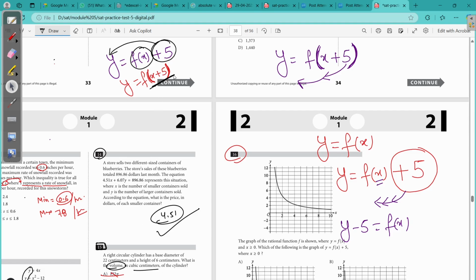But please see the second one. You cannot transfer this plus 5 to the other hand side because it is enclosed in f(x). So this second 5 is associated with x, but the first 5, the above one, is associated with y. Do you agree with this?